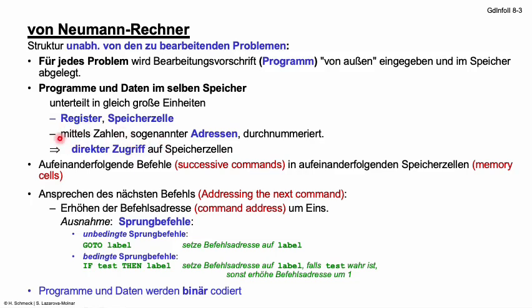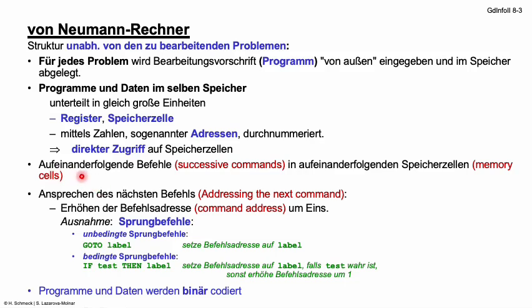These numbers are called addresses. You can imagine it like on a street, where you have the number of your house. It is an address also. In a very similar way, here the memory cells have addresses that allow direct access to these memory cells.